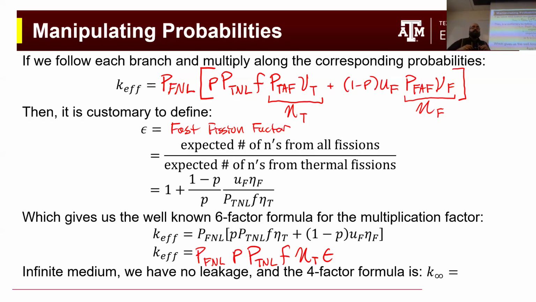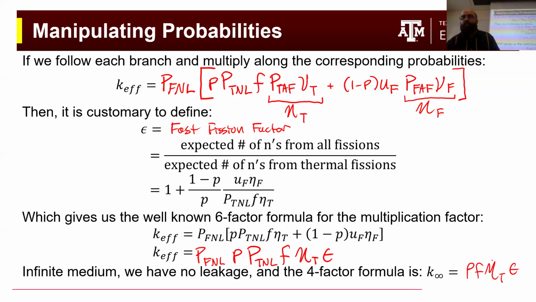The probability that we don't leak is 100% if we can't leak. So P_FNL becomes one, P_TNL becomes one, and then the four-factor formula for K infinity is just everything left over. It's p times f times eta T times epsilon. So that's the famous four-factor formula for the infinite multiplication factor.